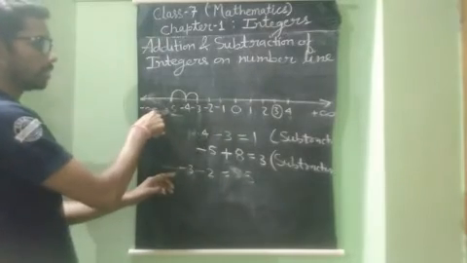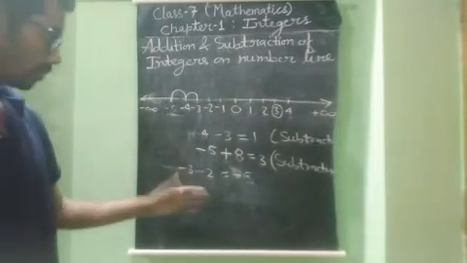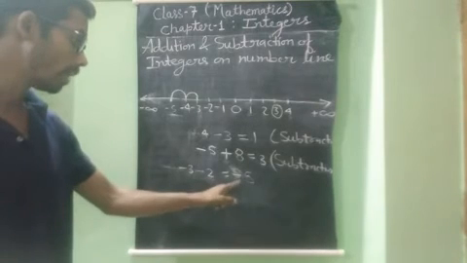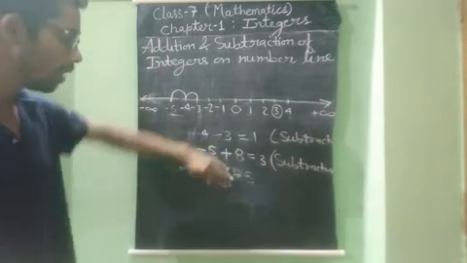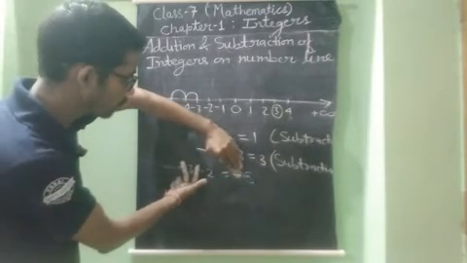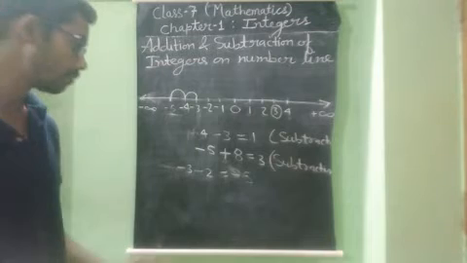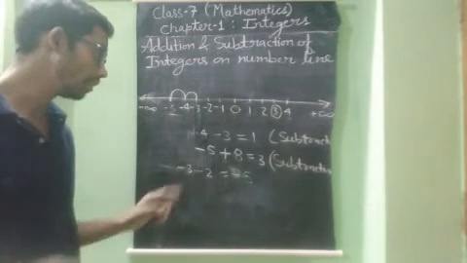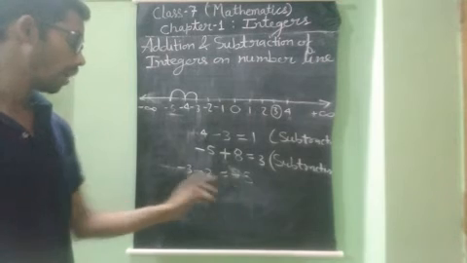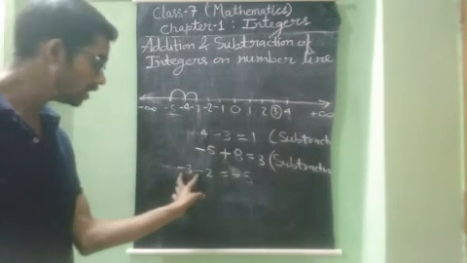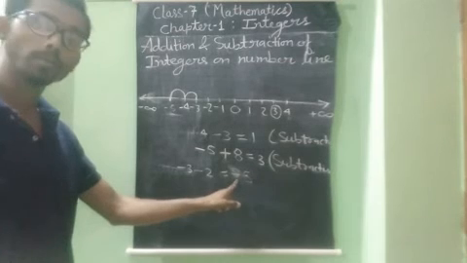But 5 has a negative sign, so it is -5. If you forget the negative sign, how can you get 5? You can get 5 only if you add 3 and 2. 3 plus 2 becomes 5, and 3 and 2 both have negative signs, so there is addition.